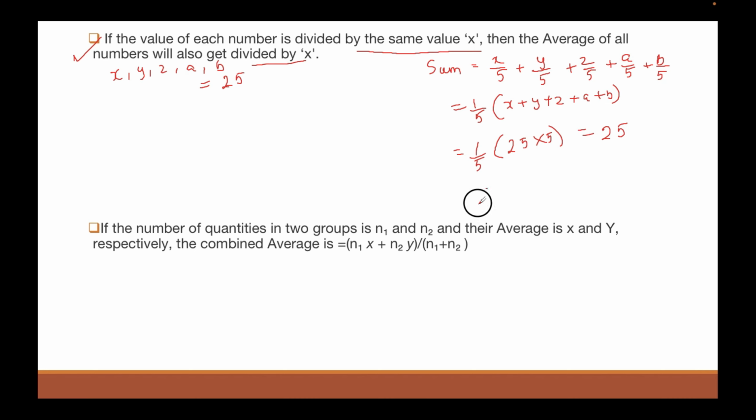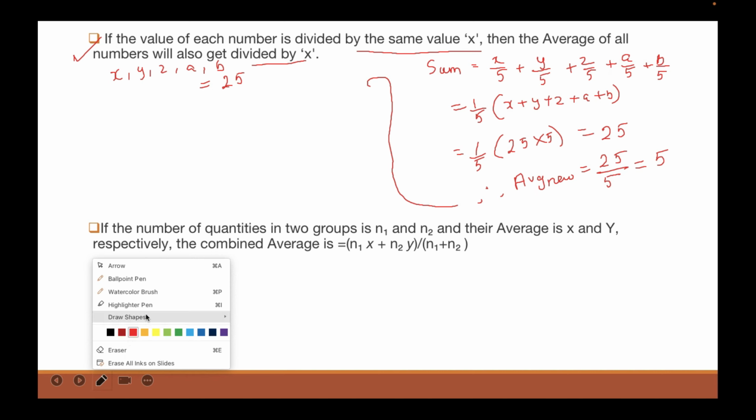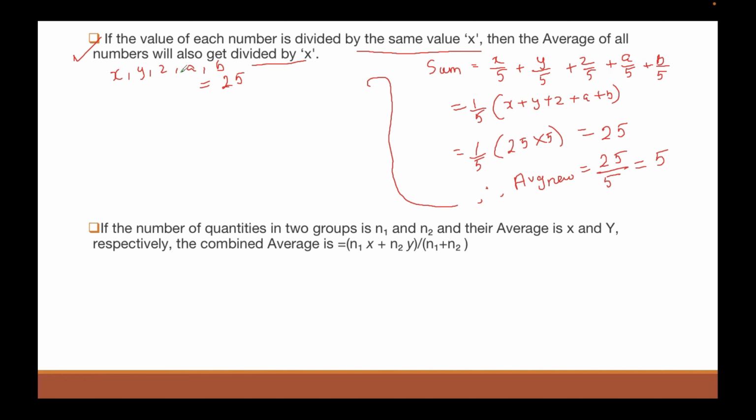Now I have to calculate the new average. What will be the new average? The new average is 25 by 5 because there were 5 observations. So the new average is 5. Now instead of doing all these calculations, what we can do is simply write: average new equal to 25.